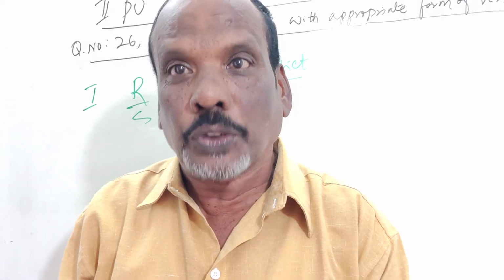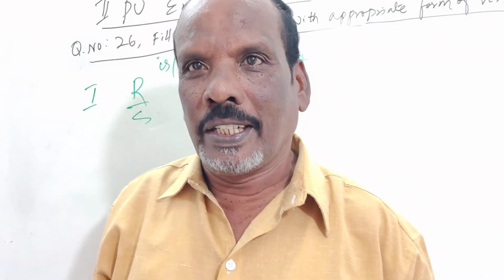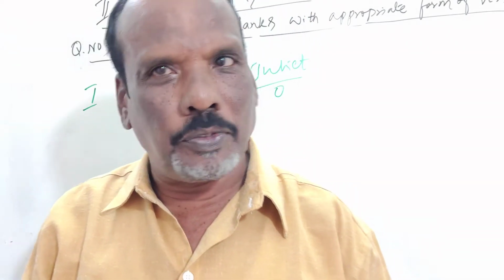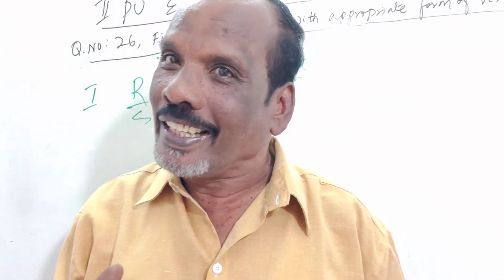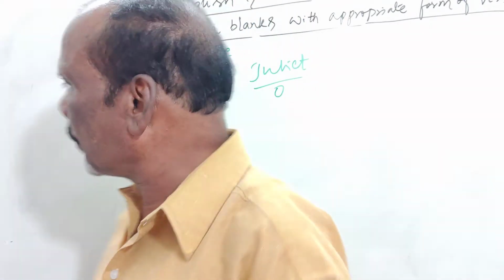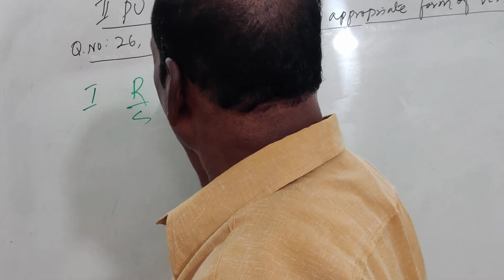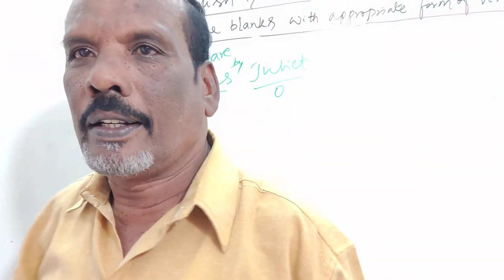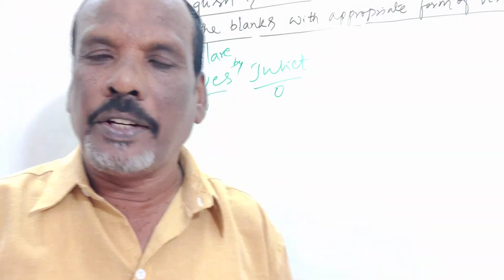The verbs should agree with the subject. Here, see, Juliet. Juliet am, you cannot say. Juliet is, you have to say. So you have to use is and then use by at the right side of the main verb.